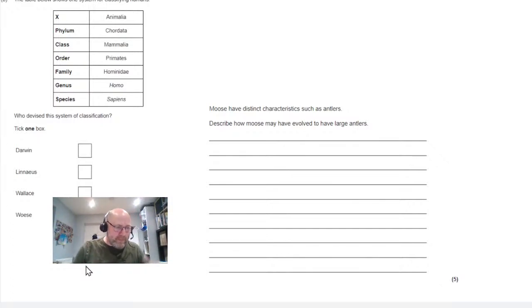So yes, mutation caused variation in the size of antlers. Absolutely right, Ali. That means you're more likely to survive if you had large antlers, more likely to reproduce, 2 marks, more likely to pass your genes on to your offspring, and this is repeated many times. Yeah, that's right, Gabby. I don't think you have to say that, but explain it.